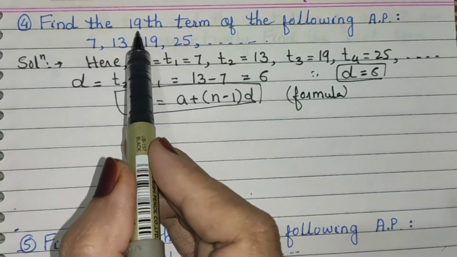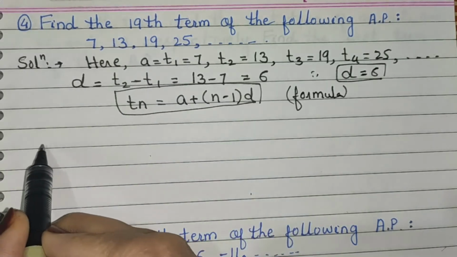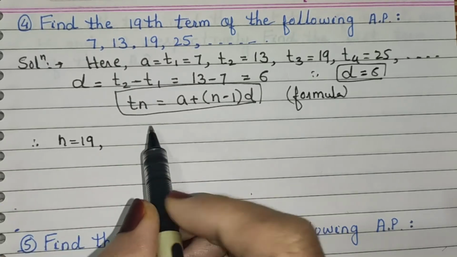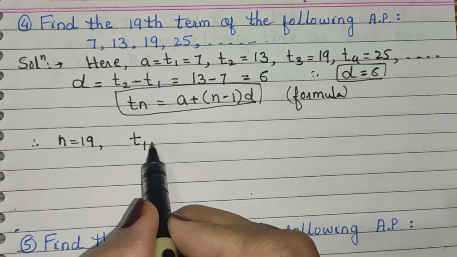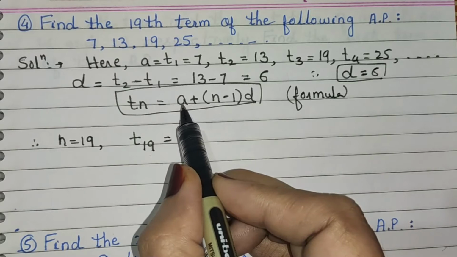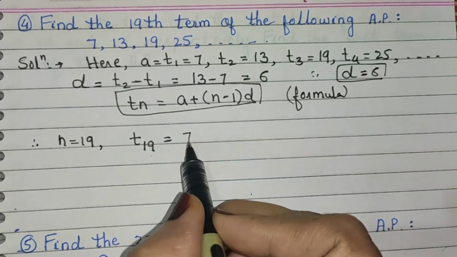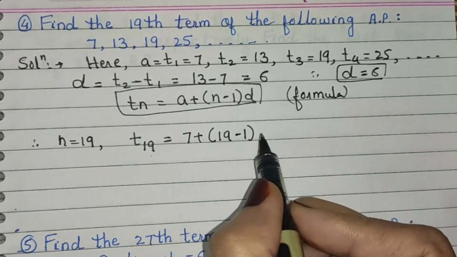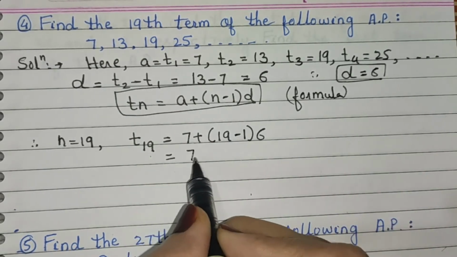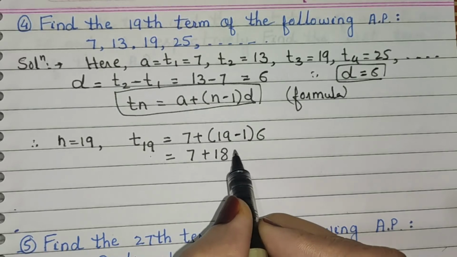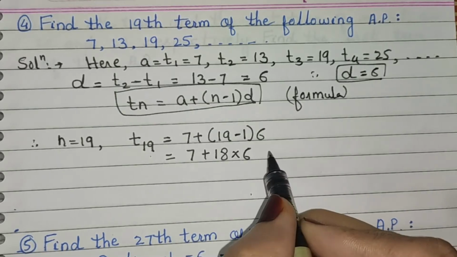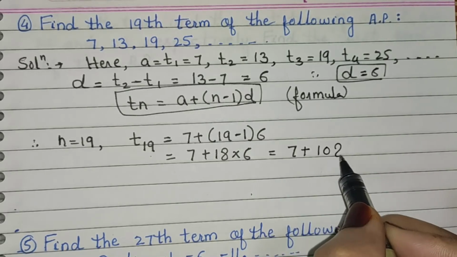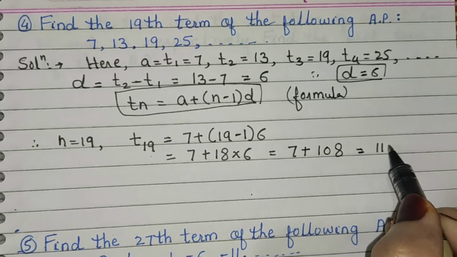Now our aim is to find 19th term. Therefore n is equal to 19. Substituting all the values we get here T19 is equal to A. First term 7 plus 19 minus 1 into D. Now the value of D is 6. 7 plus 18 into 6. 18 times 6 is 108, plus 7 which is equal to 115.